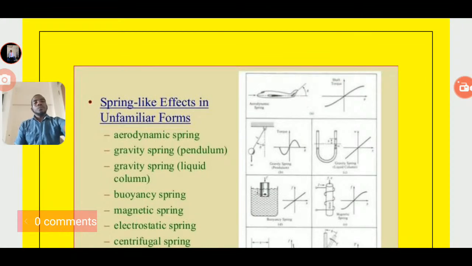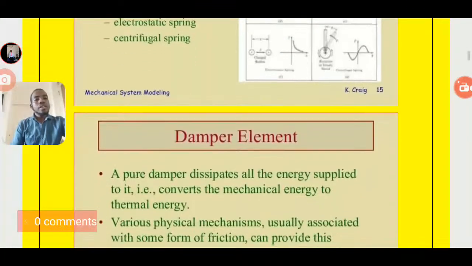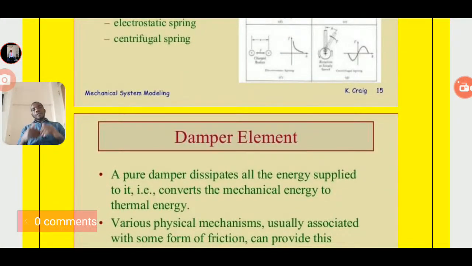Now we are going to see the damper element. As we saw at the beginning of this class, there are three types of elements for a mechanical system. The first is the spring element, the second is the damper element, and the third is the mass element.